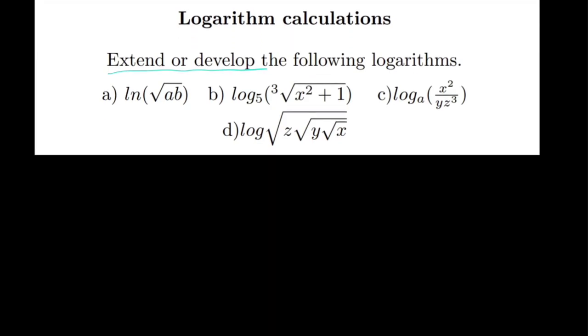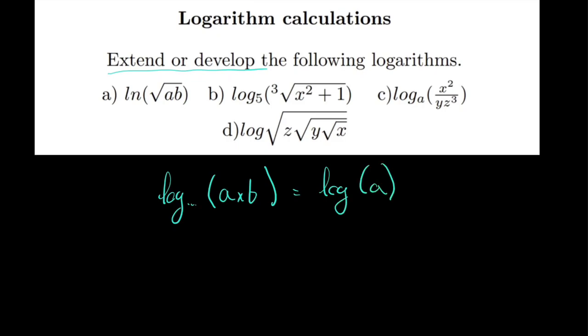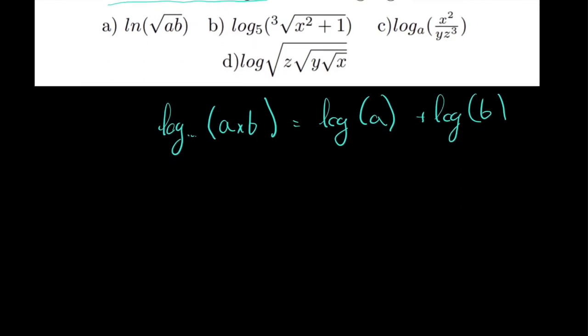So let's start by looking into some properties of the logarithm. We know that the logarithm, in any base, of a times b is equal to logarithm of a plus logarithm of b, of course if a is greater than 0 and b is greater than 0; we will not get into those kinds of considerations.